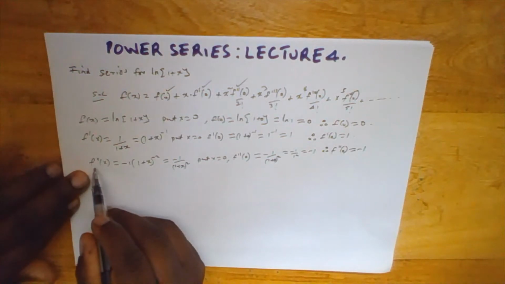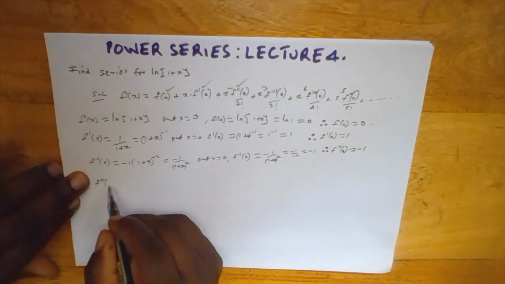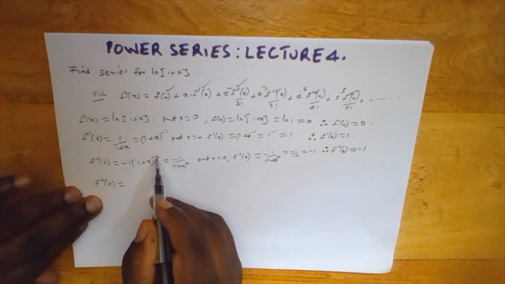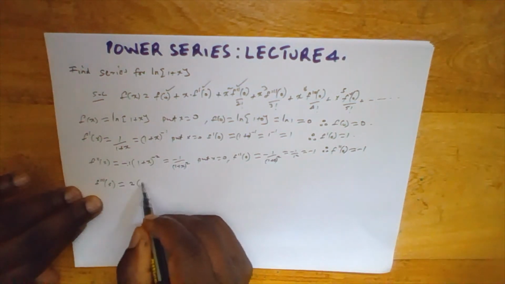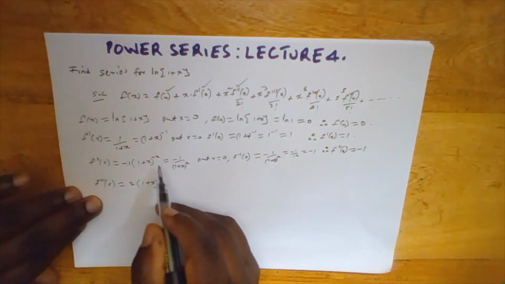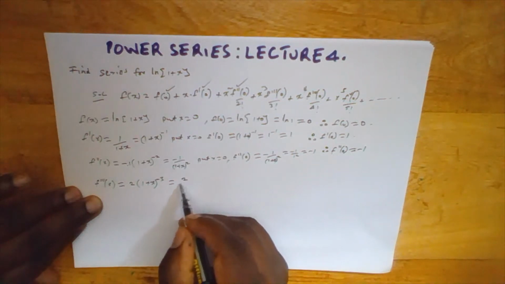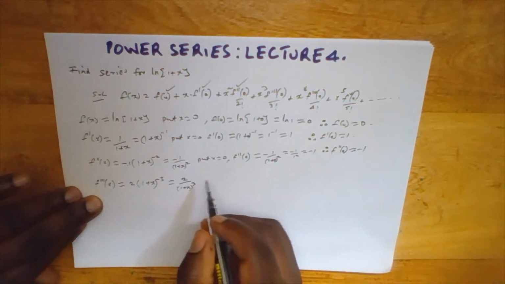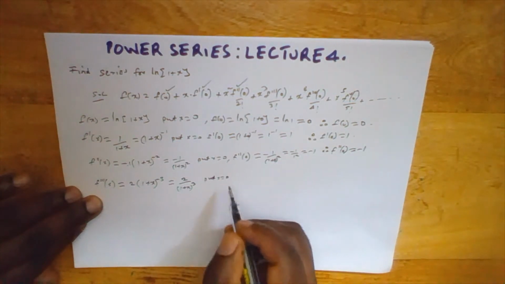So we differentiate f double prime, and we shall have f triple prime of x equals, when you differentiate this equation, you take negative 2 times negative 1, we have 2 into 1 plus x, then the power is negative 2 minus 1, we have minus 3. This is the same as 2 over 1 plus x raised to 3. Then we put x equals 0.